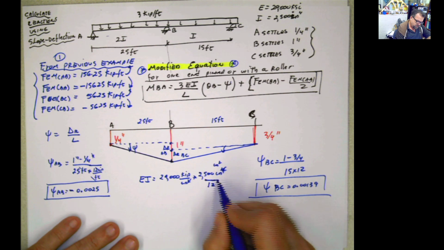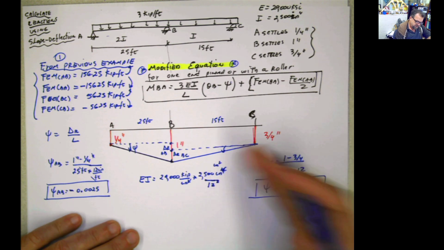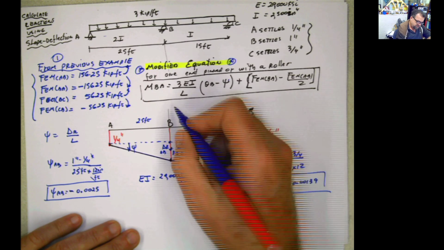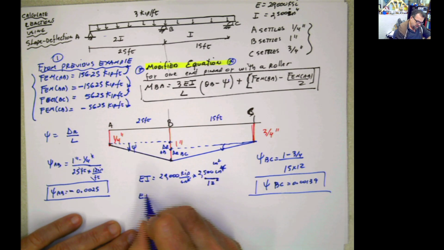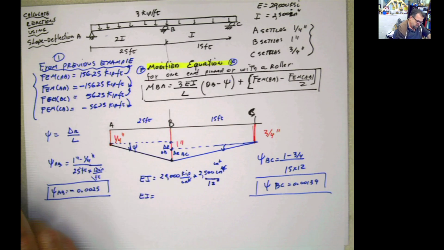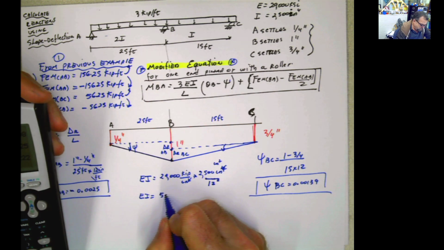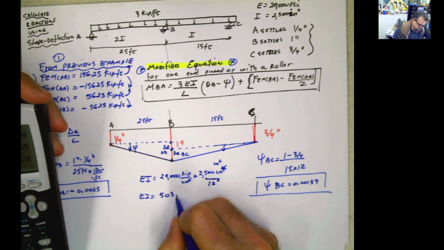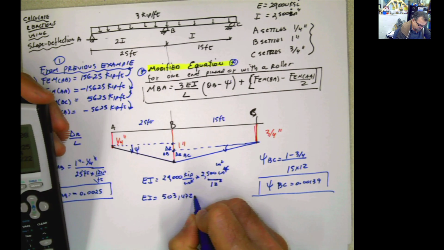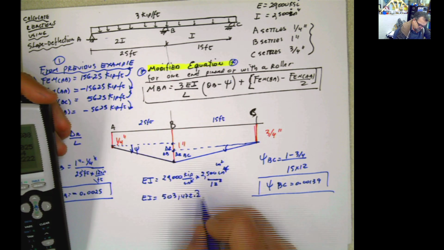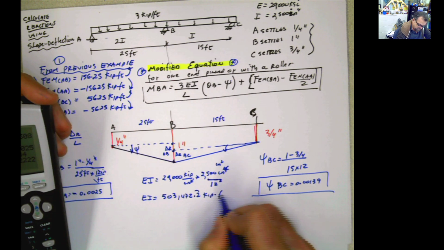The idea is that the moment is going to be in kip feet, and I'm going to introduce the length in feet. So EI is equal to 29,000 times 2,500 divided by 12 square, which is 144. So it's going to be 503,472.2 periodic kip feet square.